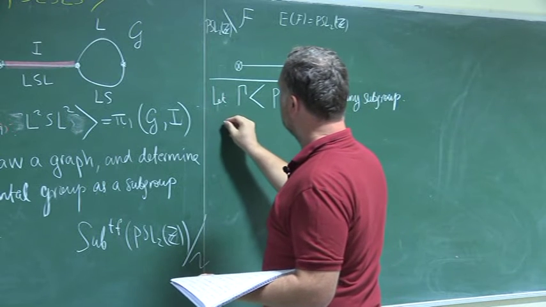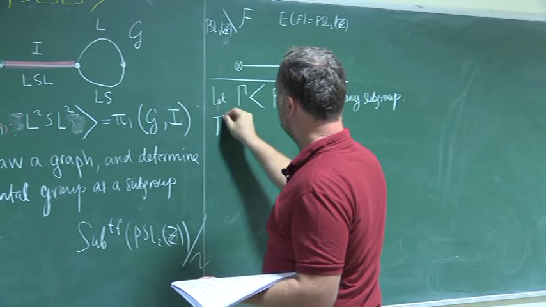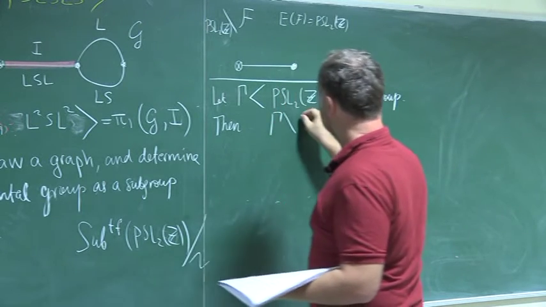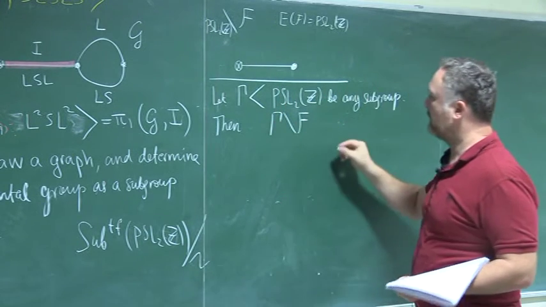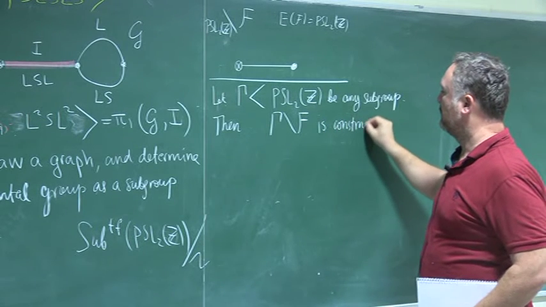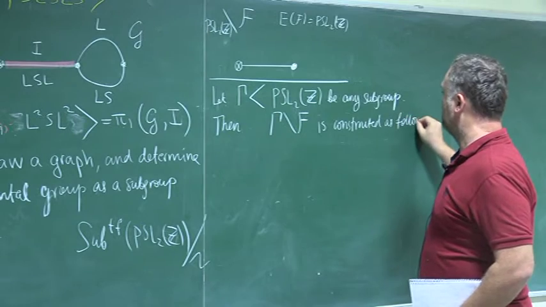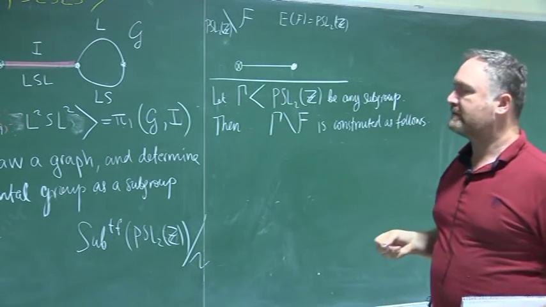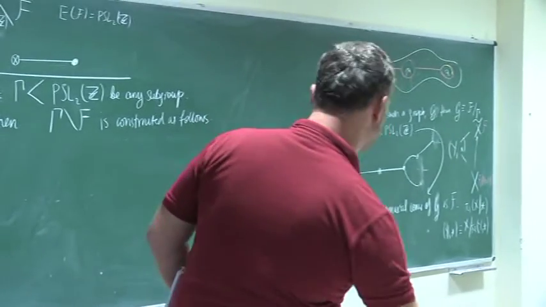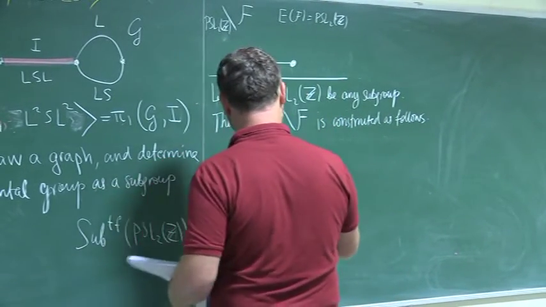Then the graph F quotient gamma is constructed as follows. And there's nothing subtle about this construction. You can figure that out by yourself.